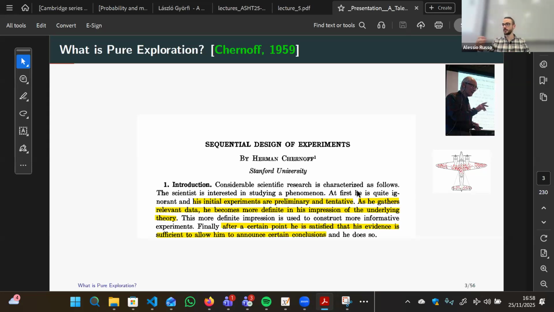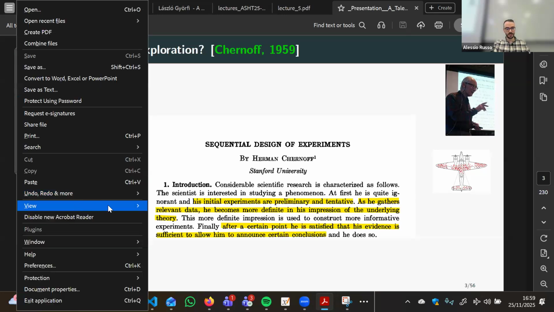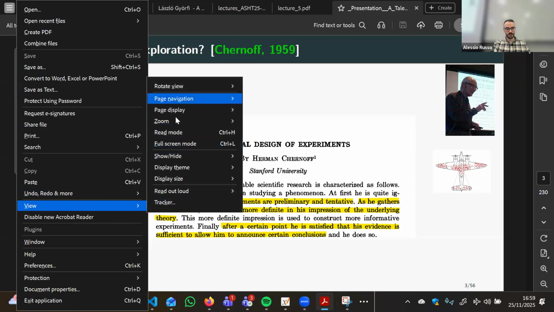Based on this evidence, you rule out some hypotheses that are not true, and then you design another experiment, you get new evidence, and so on, until you're sure of what is the true hypothesis. And sure enough, he was a PhD student of Wald, the famous guy of the bullets on the airplanes in World War II. If you're familiar with this image, probably you know it.